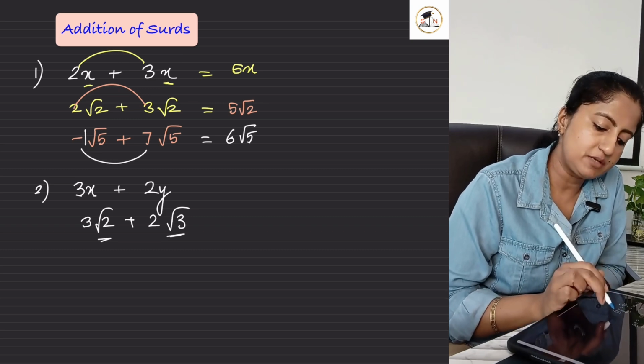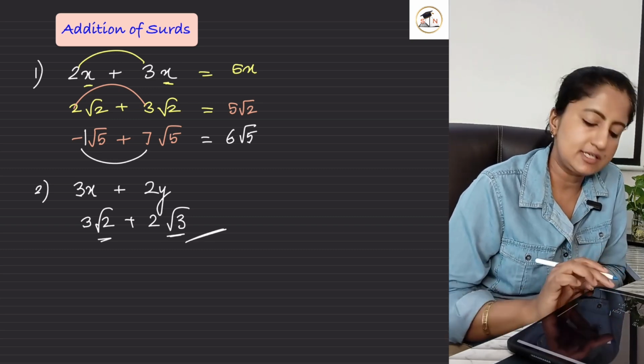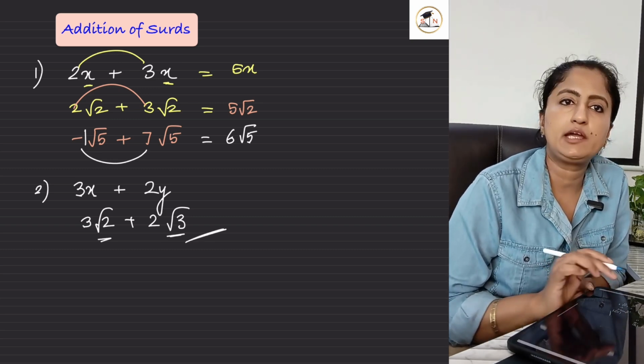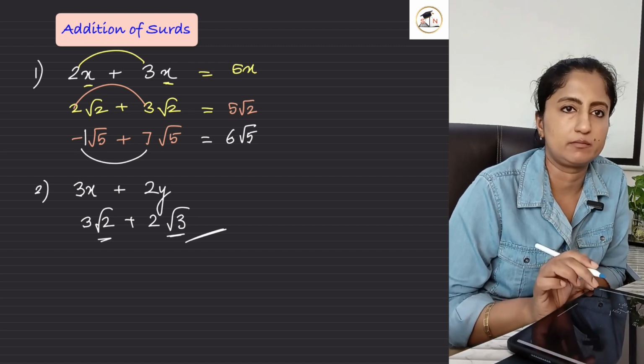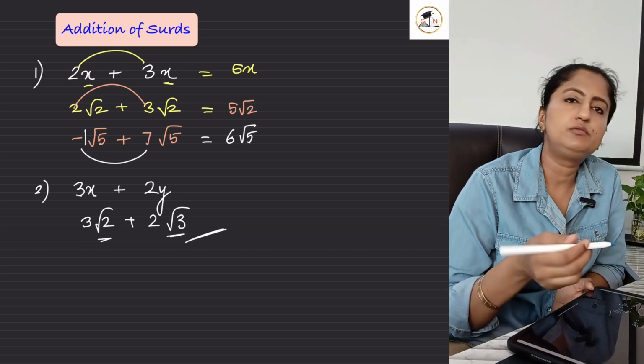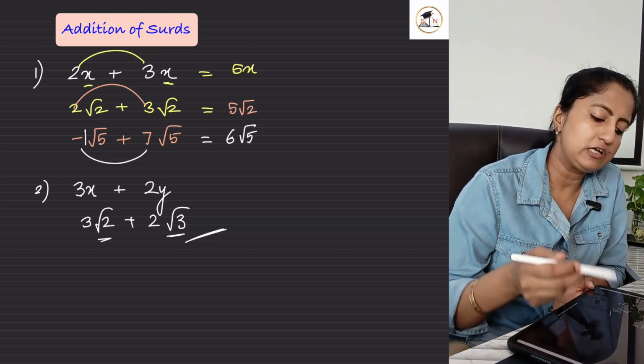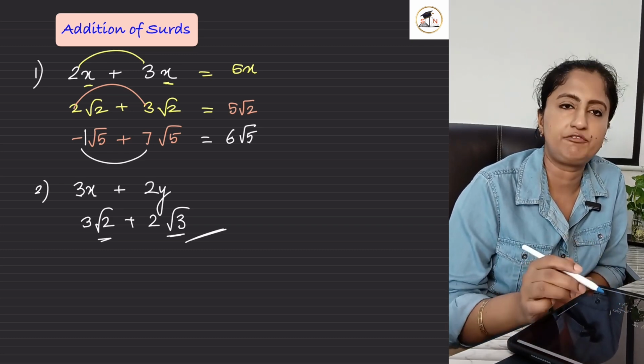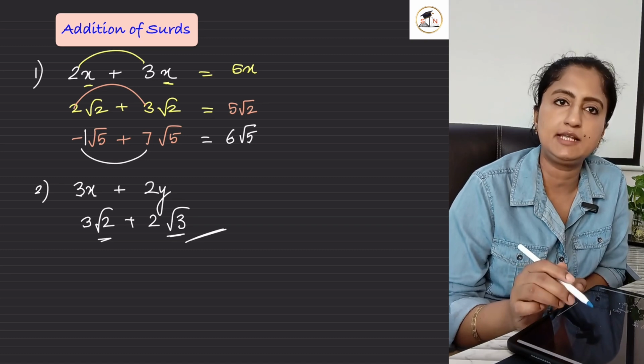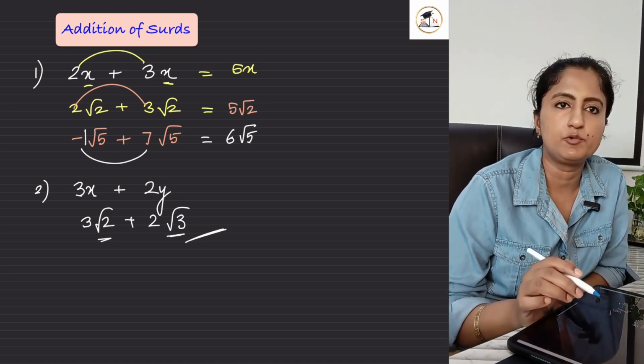So the answer just remains as it is. This is the simplest form and we cannot do anything further to this one. This is how the addition of surds takes place. We can't operate on them when they are different, however, we can easily add when they are the same roots.